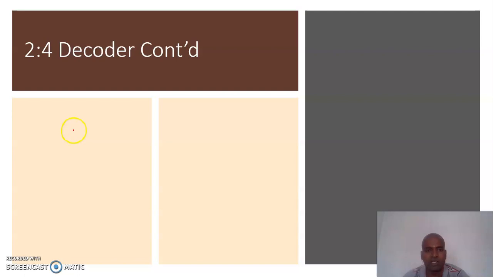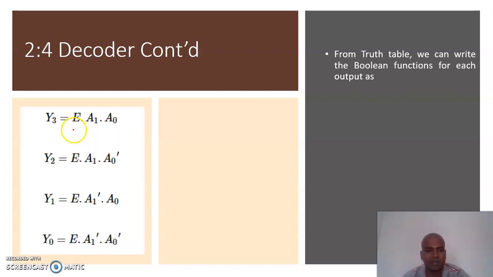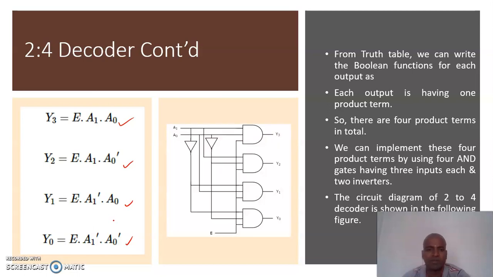Have a look at these expressions. Just now we have derived Y3, Y2, Y1, Y0, and the logical diagram. See, A1 and A0 are given some NOT gates. So here this is A1 bar and this is A0 bar.